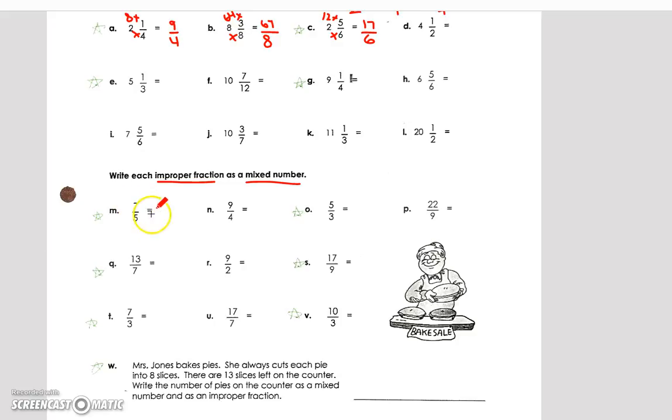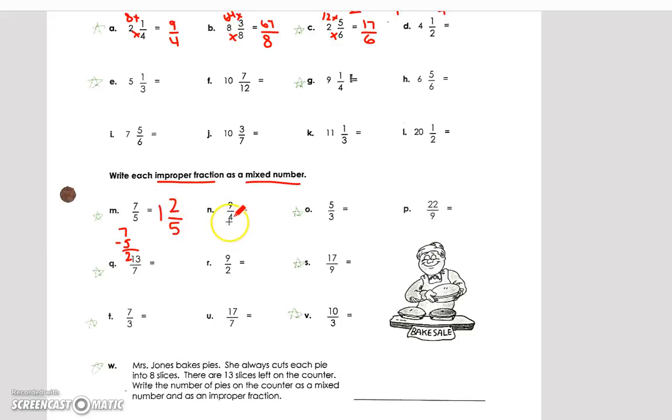I know 5 goes inside of 7 one time. After I do that, I'm going to see how much I have left over. The way I do that is I subtract 5 from 7, and that gives me 2. 7 minus 5 is 2, and that's what's left on my new numerator. So I just took my improper fraction, 7/5, and turned it into a mixed number, 1 and 2/5.